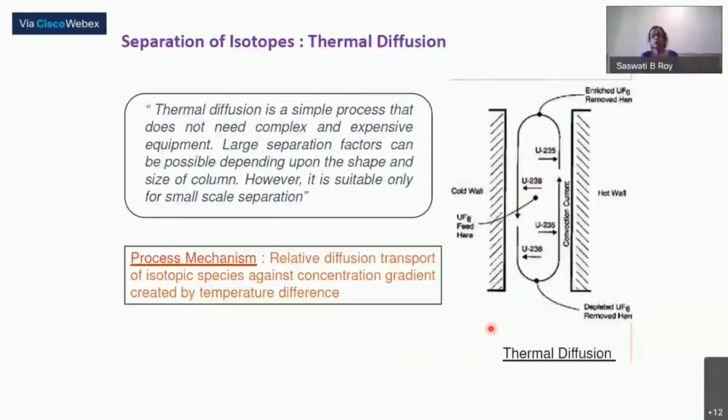Now, as you may be aware, for any isotopic separations of uranium, you need feed either in the liquid form or gaseous form. For water anyway, it is liquid, so there is no problem. But for uranium, you cannot consider liquid. So only one compound of uranium, UF6, is gaseous.